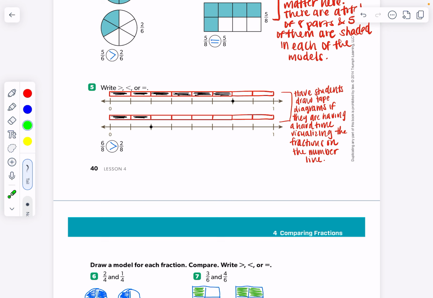However, the alternative is that they can draw a fraction strip just like I have over here, using the tick marks to break up the fraction strip, and then shade in the number of pieces up until that dotted line to see which fraction is greater, okay?